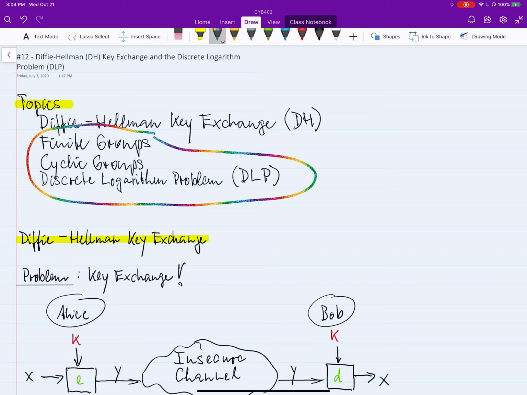This has to do with finite groups and specifically with cyclic groups. And this leads to the formulation of what we call the discrete logarithm problem. The discrete logarithm problem is at the heart of the Diffie-Hellman algorithm, as well as other cryptographic algorithms.